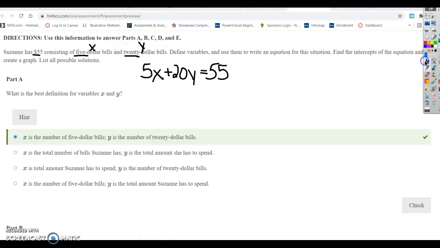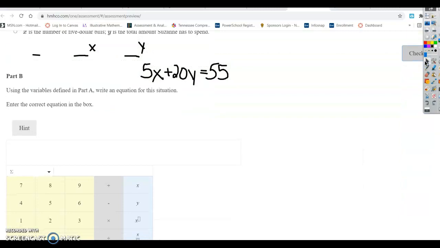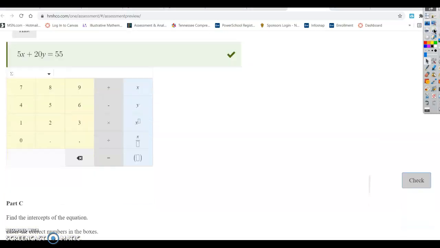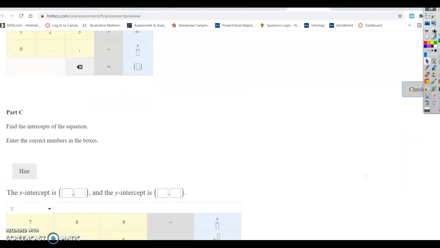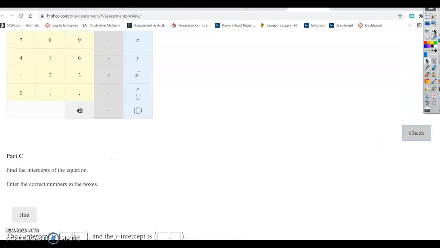So let's take that equation and put it below. I'm going to put 5x plus 20y equals $55. It says find the intercepts of the equation. Enter the correct numbers in the box.